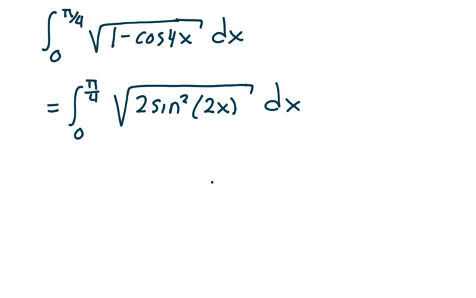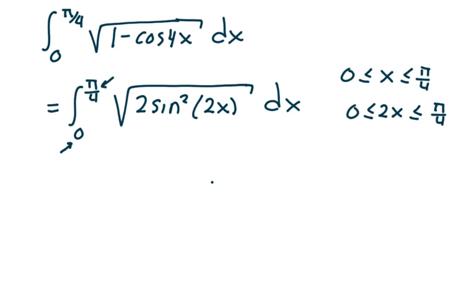Now, we need to think about something here. X is between 0 and pi over 4. And so I'm going to multiply through by 2, and I'm going to say 0 is less than or equal to 2x, which is less than or equal to pi over 2. And so you notice how the lower limit is 0 and the upper limit is pi over 2? So this radicand will never be negative.